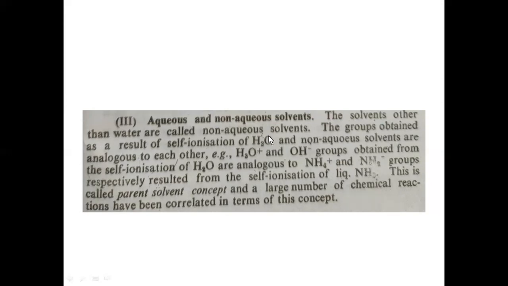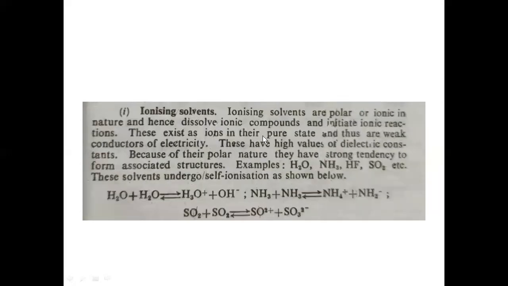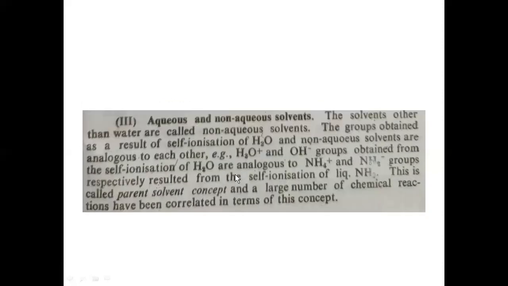Water undergoes self-ionization leading to the formation of a positive ion and a negative ion: hydronium ion H3O+ and hydroxide ion OH-. Similar to this, ammonium ions NH4+ and amide ions are formed as a result of self-ionization of liquid ammonia.